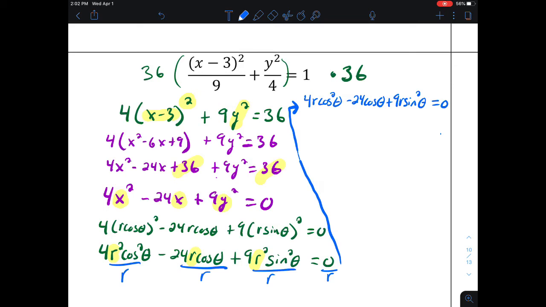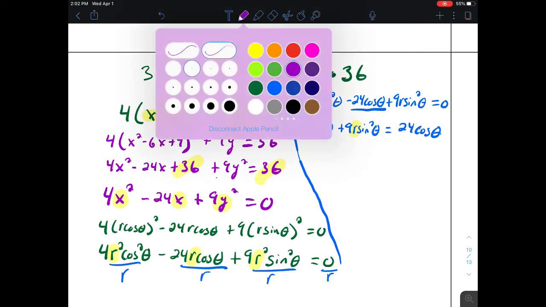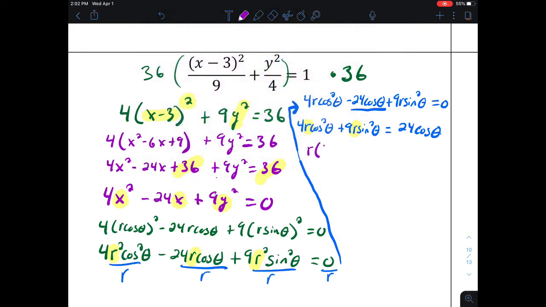Now I'm going to move the term that doesn't have r to the other side. So we'd have 4r cosine squared theta plus 9r sine squared theta is equal to 24 times cosine of theta. Now take out the common factor of r, and that'll give me r times (4 cosine squared of theta plus 9 times sine squared of theta) is equal to 24 cosine of theta.